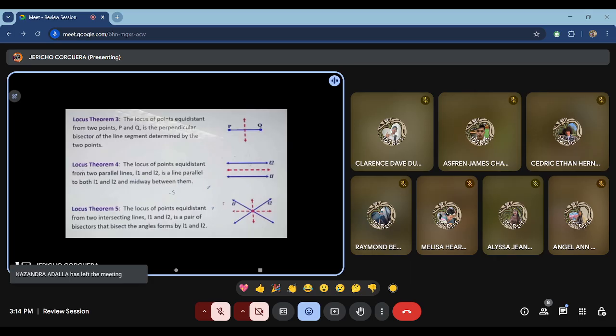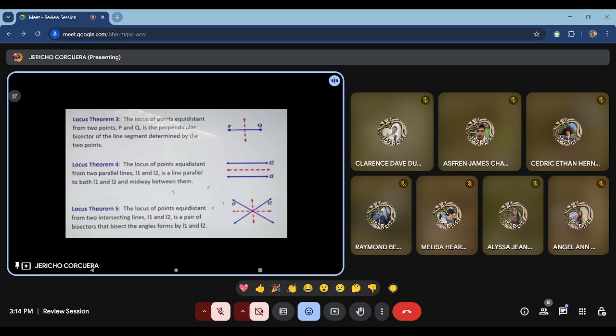Next is locus theorem 4. The locus of points equidistant from two parallel lines L1 and L2 is a line parallel to both L1 and L2, and it is midway. If you can see there, we have a pair of parallel lines L1 and L2, and there's a locus of points, which is another line, in between the two parallel lines.